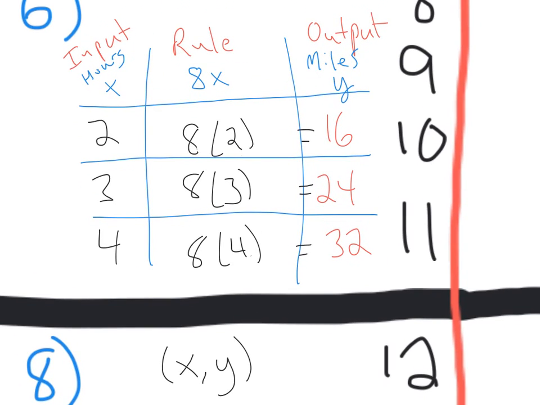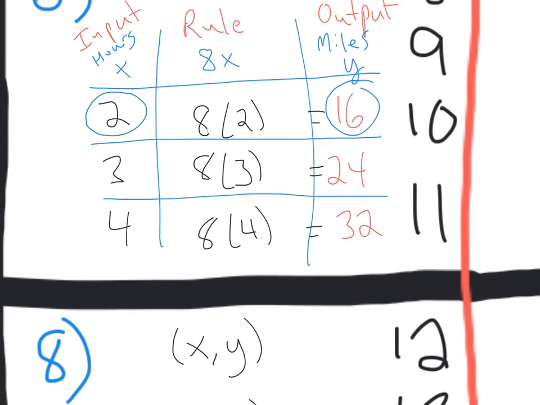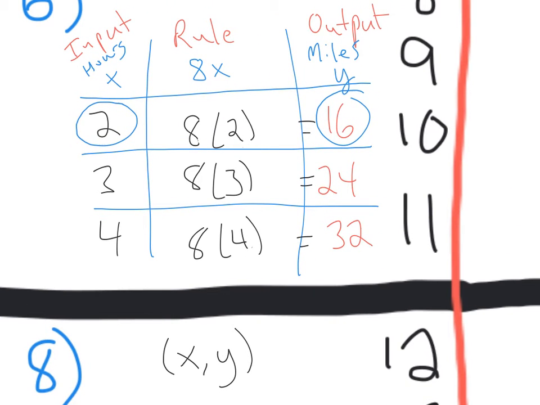So here, in my first example, my x is 2 and my y is 16. So that's going to be my first point, 2, 16. And then in the second example, I had 3 and 24.